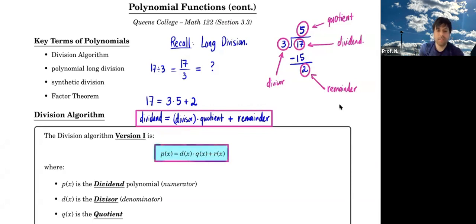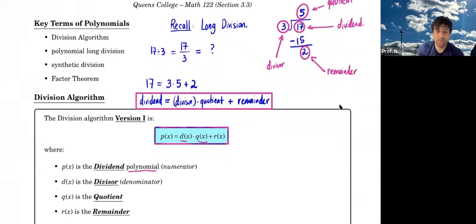The only emphasis now is that P of x is the polynomial. It's a dividend still, but it's a polynomial. D of x can also be a polynomial. Q of x is a polynomial quotient, and R of x could also be a polynomial, the remainder.